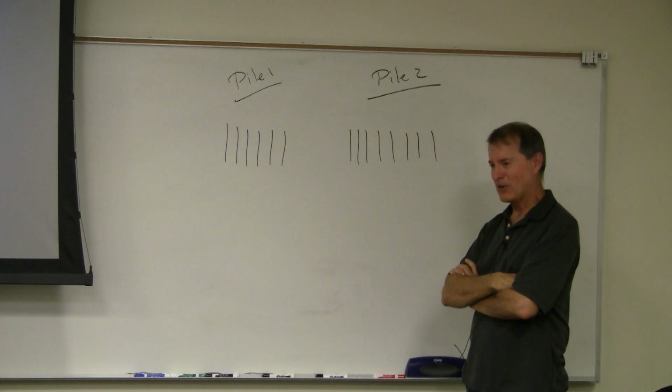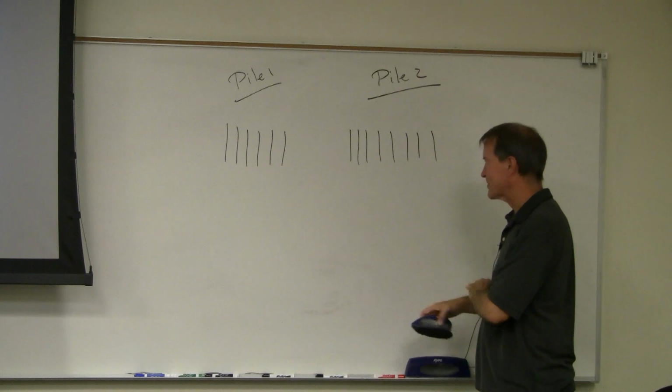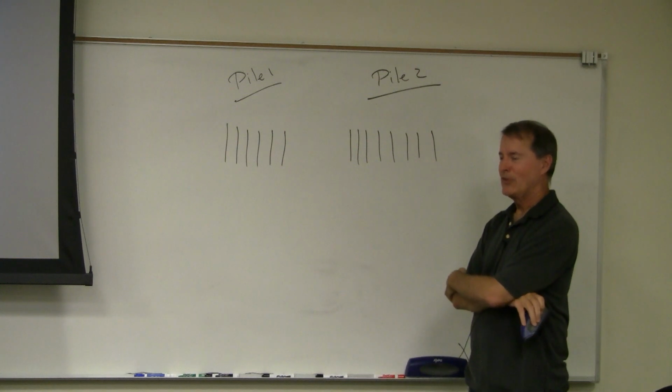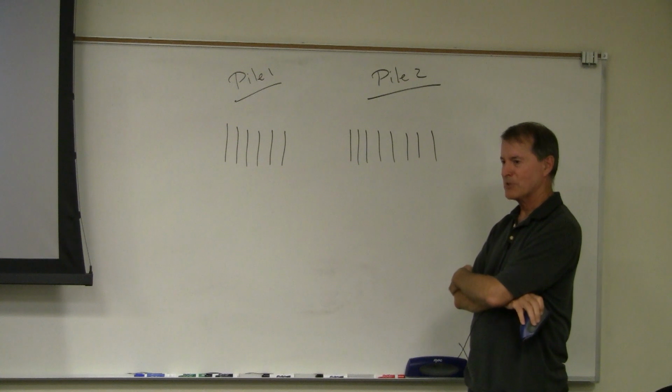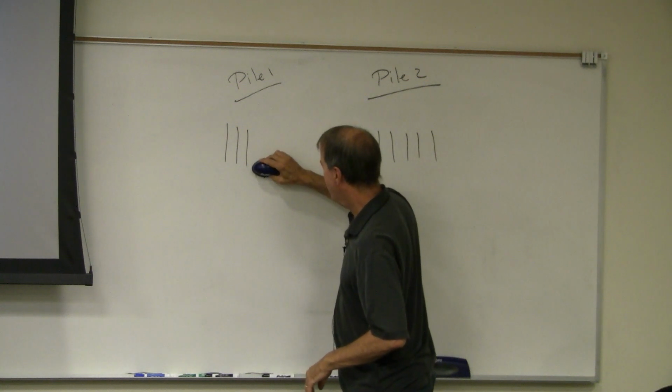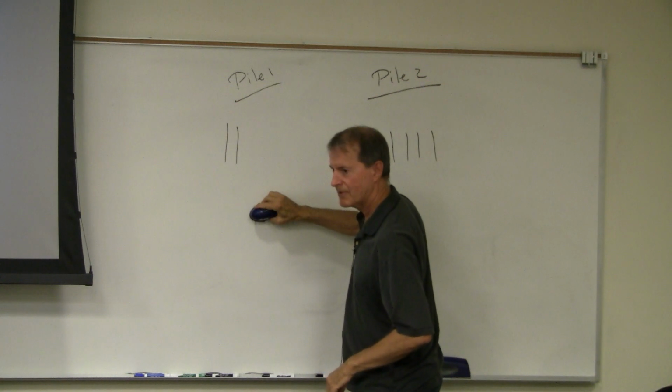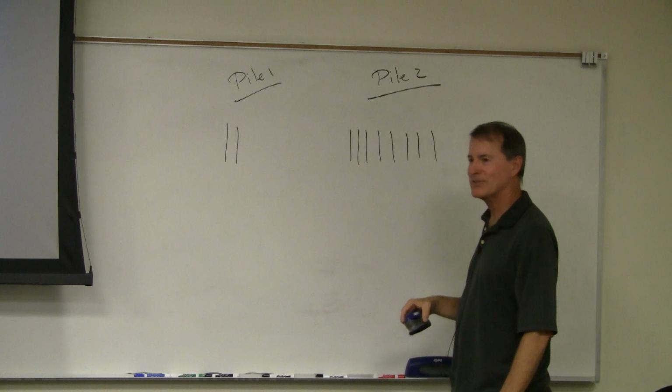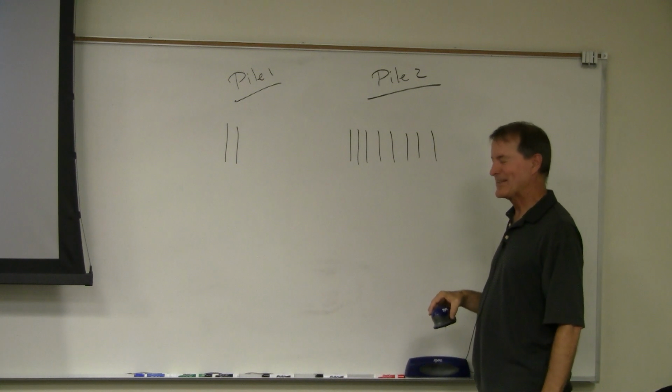I do. You want to go first? Okay, so Danny, it's your turn. How many do you want to take from which pile? I'm going to take 4 from pile 1. Wait, does that leave 2? Yeah. Okay, 4 from pile 1. Okay, so Shane? Oh, I can see the wheels turning.